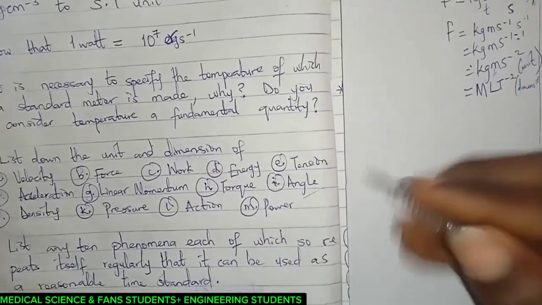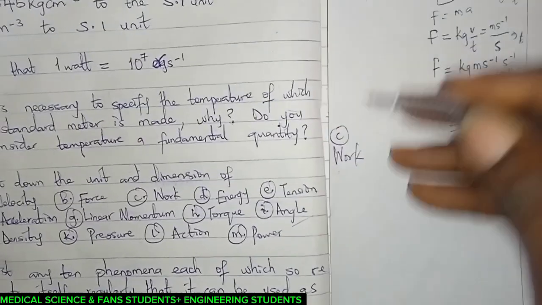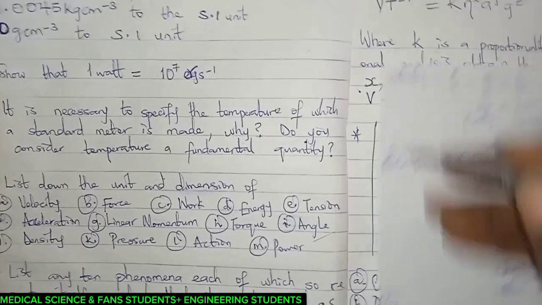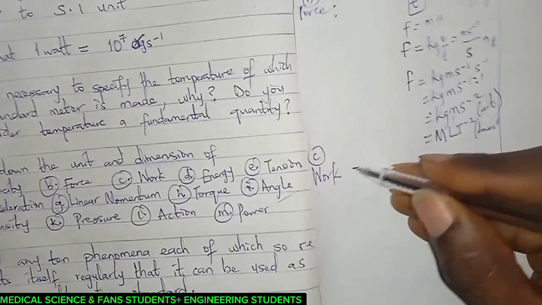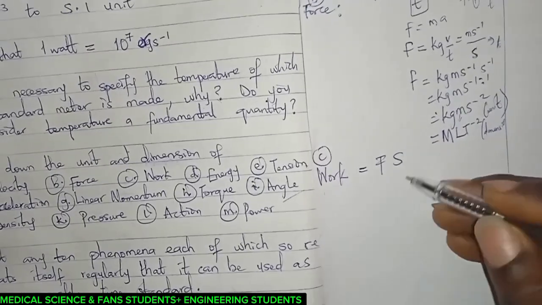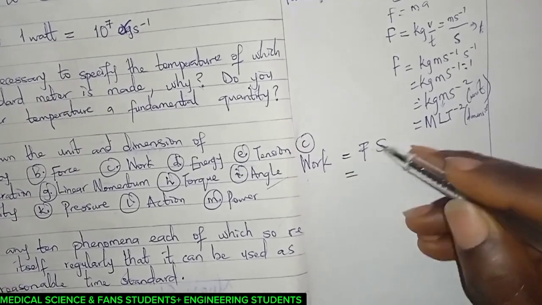Alright, I'm trying to be very fast. We've done this in class. Work. Work is force times displacement, not distance but displacement. That's why work is a scalar quantity, vector times vector.